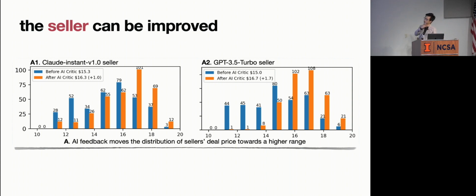The way to read this figure is that going from blue to orange, if the distribution shifts to the right-hand side, it means that the deal price increases overall, and that indicates the seller is improving its performance by learning from the critic's feedback. We can see from these two figures that both Claude Instant version 1.0 and GPT-3.5 can indeed improve as a seller receiving the critic's feedback.